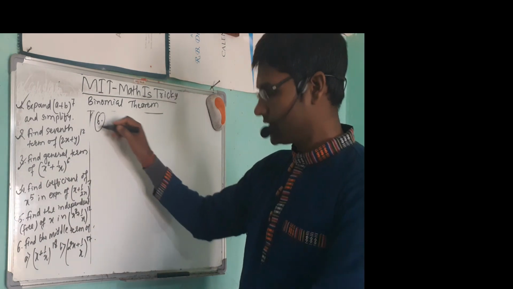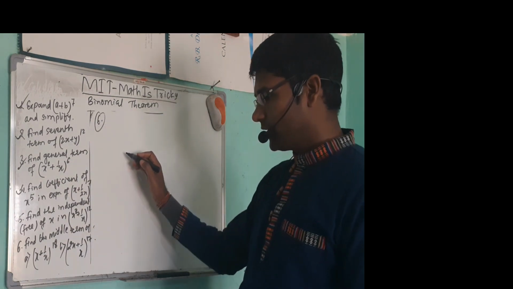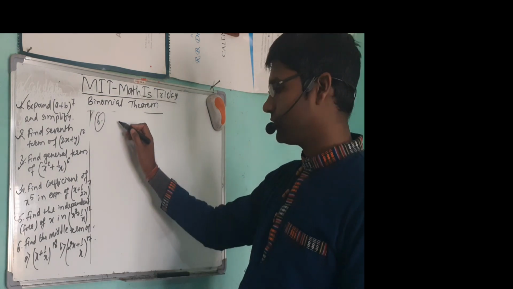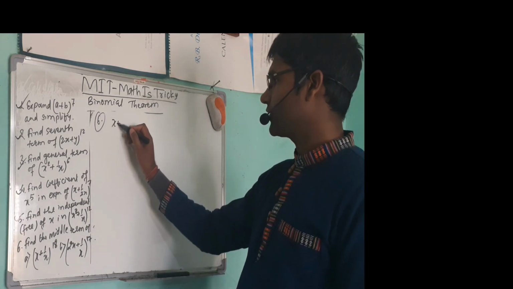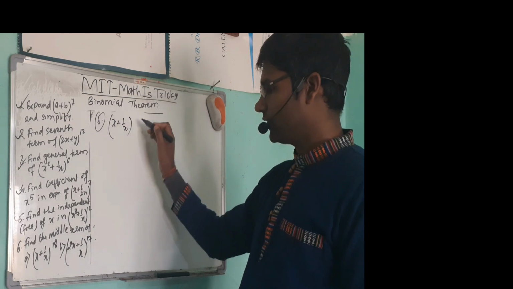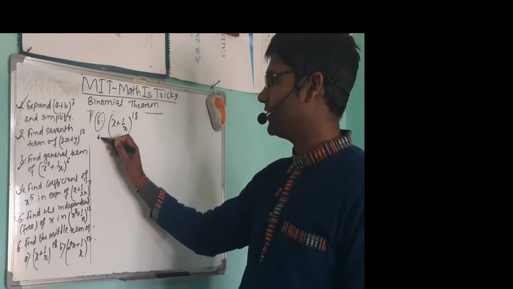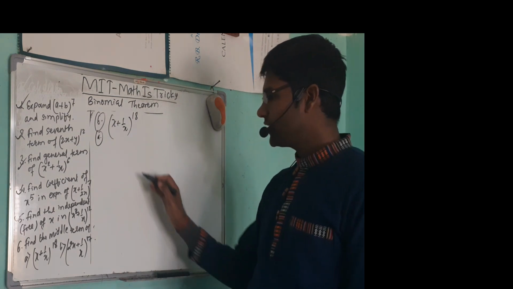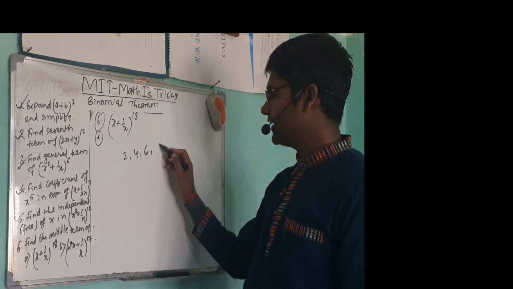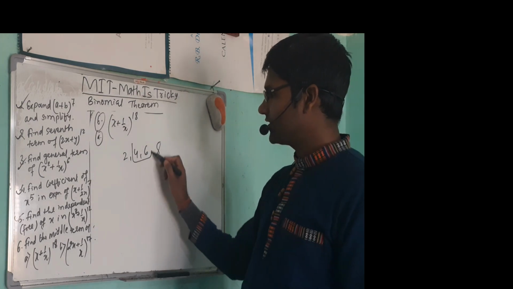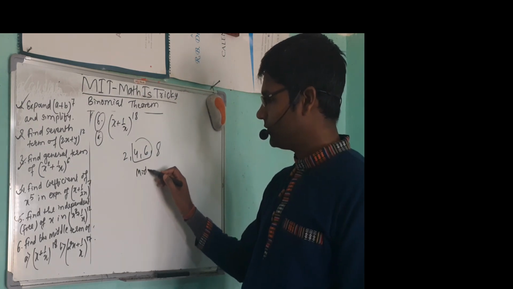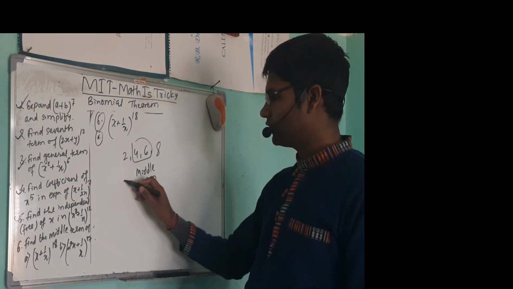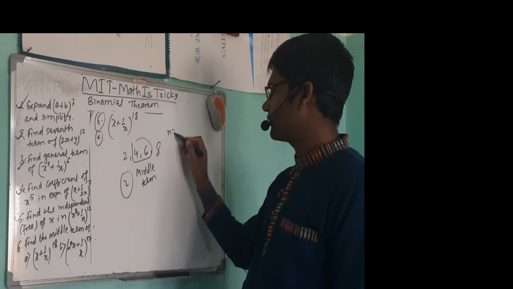Question number 6: find the middle term of (x plus 1 by x) whole power 18. Before expanding, we know that if we have 2, 4, 6, 8, there are 4 terms, so there will be two middle terms, n equals 4.